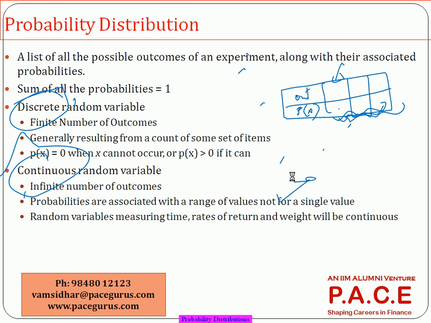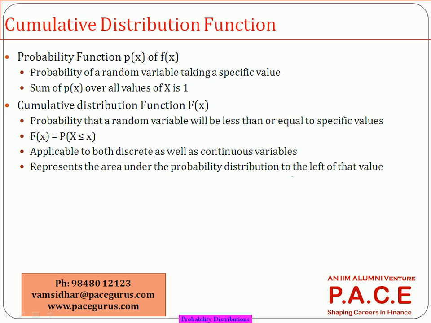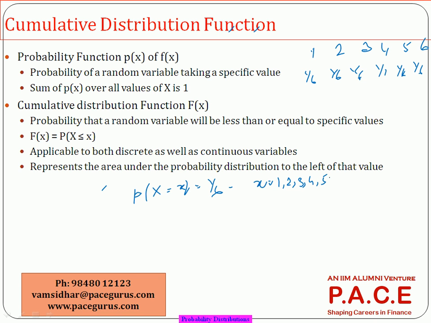And once we make a distribution, on that distribution, we create a function. A function is nothing but the generalized representation of that distribution. What do I mean by that? Let's say for a dice, 1, 2, 3, 4, 5, 6, and the corresponding probabilities are 1 by 6 each. When I say I'm writing a probability function, the way I write it is P of X equal to x equals 1 by 6, where x is equal to 1, 2, 3, 4, 5, 6, and it is equal to 0 otherwise.